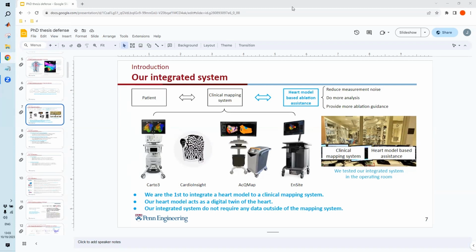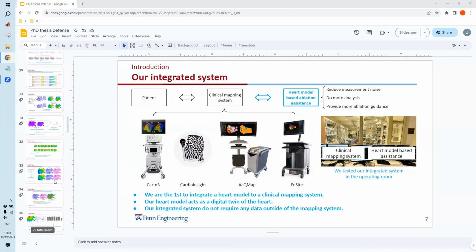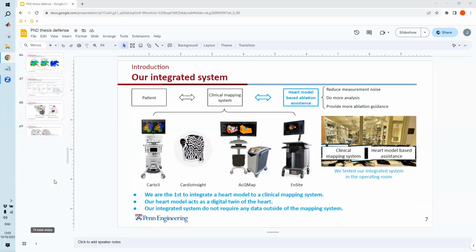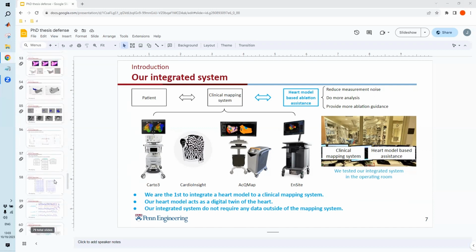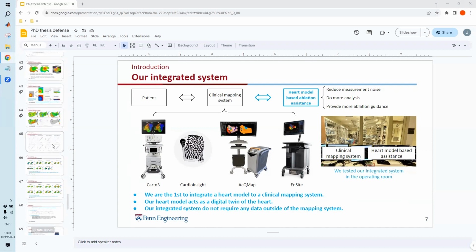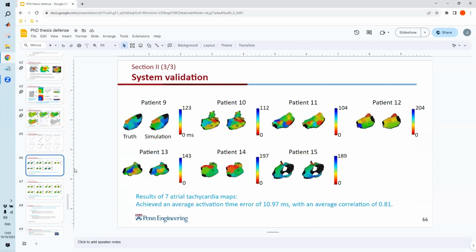Yeah, very nice job. A question about your validation. You showed the difference in those patients that you validated against with atrial tachycardia against sinus rhythm. When you say atrial tachycardia, do you mean that they were in an atrial arrhythmia or just that they were in sinus tachycardia driven by the atrium?